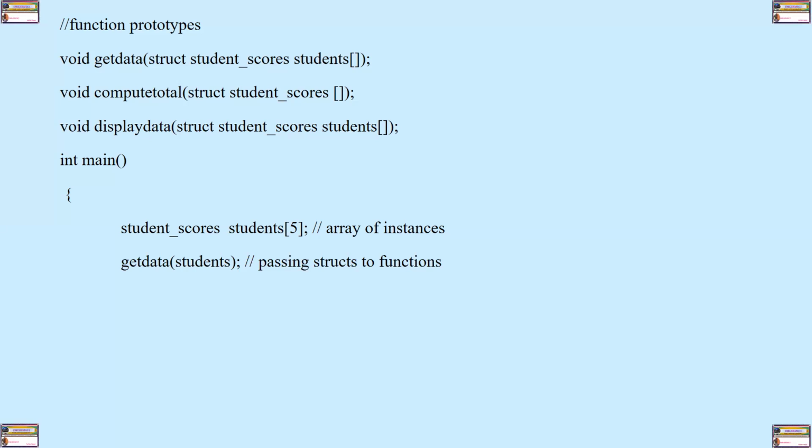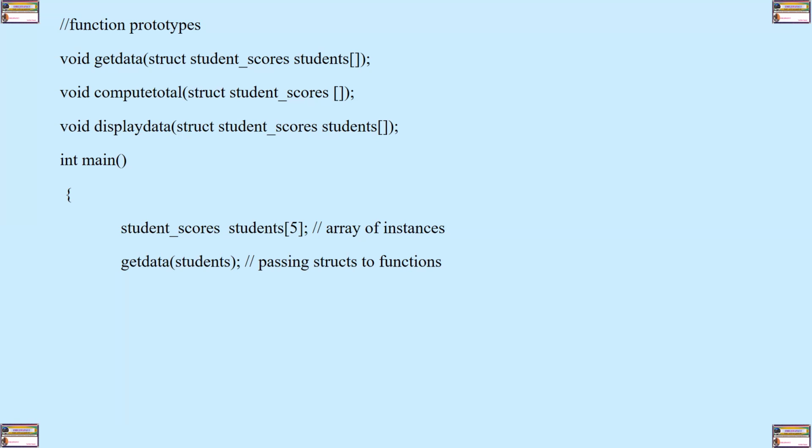Then the first statement to be invoked is for the function called getData. What happens? This function getData is being invoked and is passed the array called students. You can see we don't use the subscript in the argument. We only have the variable name, which of course we know is of type array.